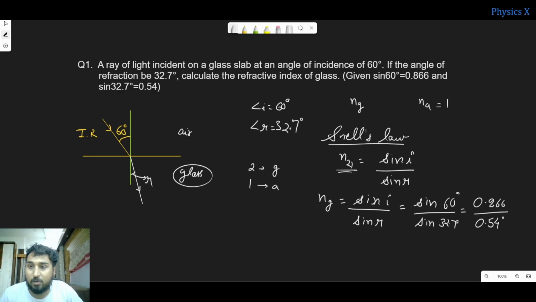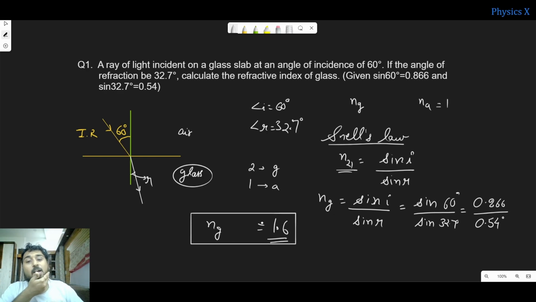It comes out to be 1.603, so this is around 1.6. So we get n_g equals 1.6. This is your answer.